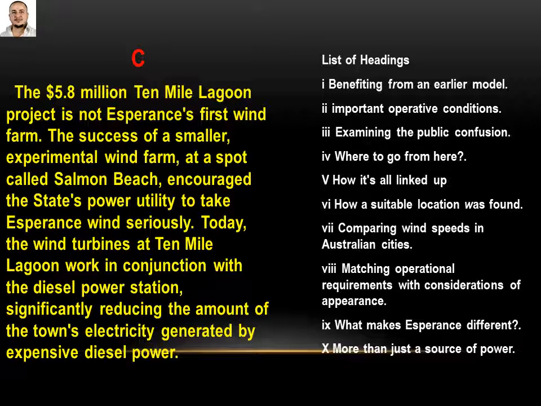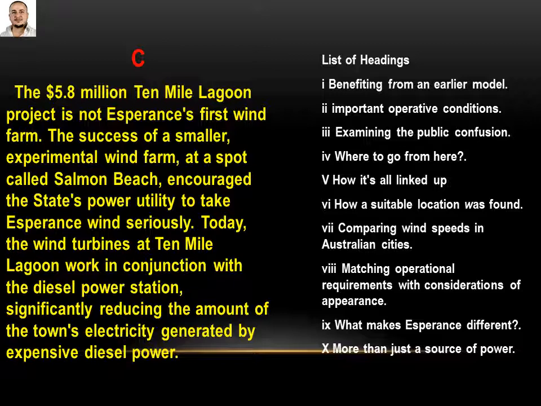It says the $5.8 million 10-mile lagoon project is not Esperance's first wind farm. Let's come to the question.